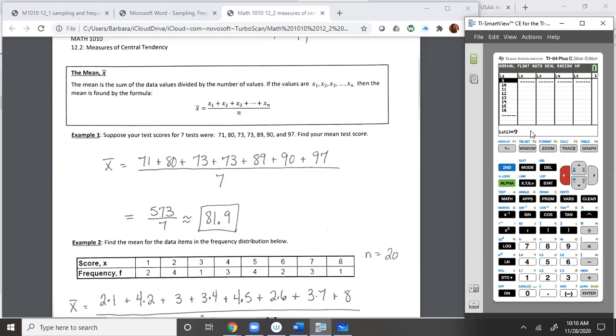And I'm going to my list 1 with my arrow. And I have some numbers here that I want to clear. So I'm going to arrow up to L1, press clear enter, and start typing in your data.